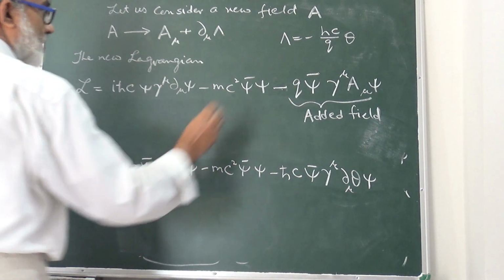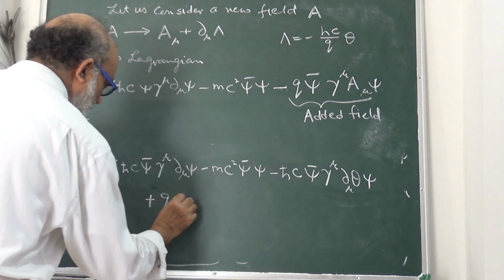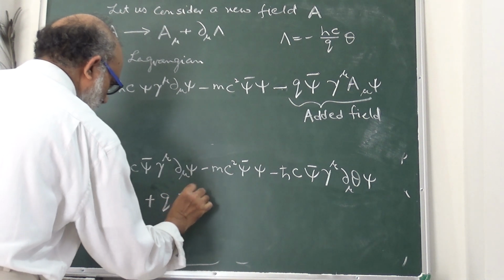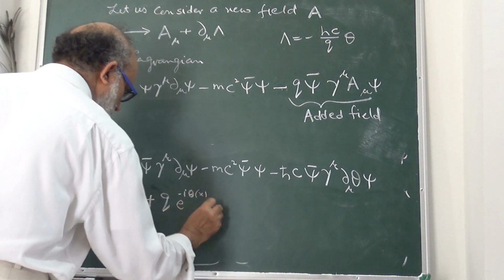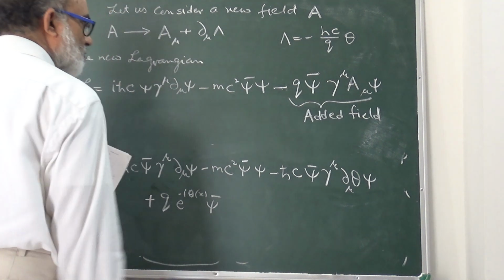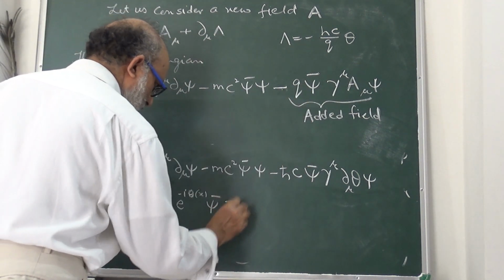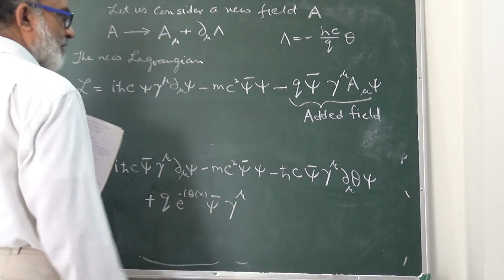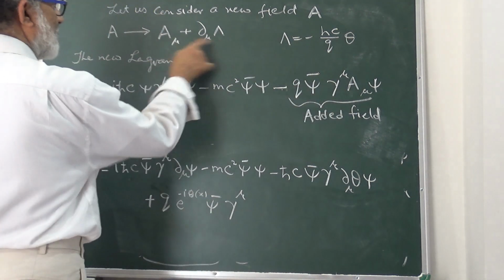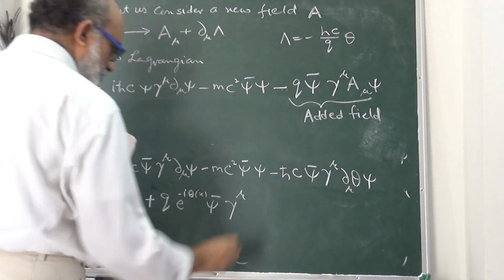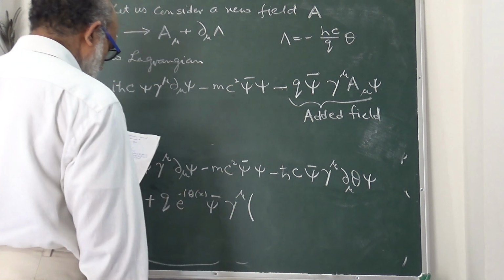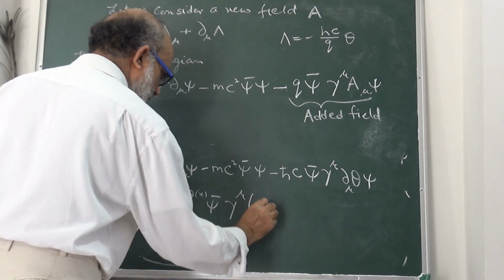So instead of this it is e to the power minus i theta x, the transformed part of this, and the transformed part of A mu.